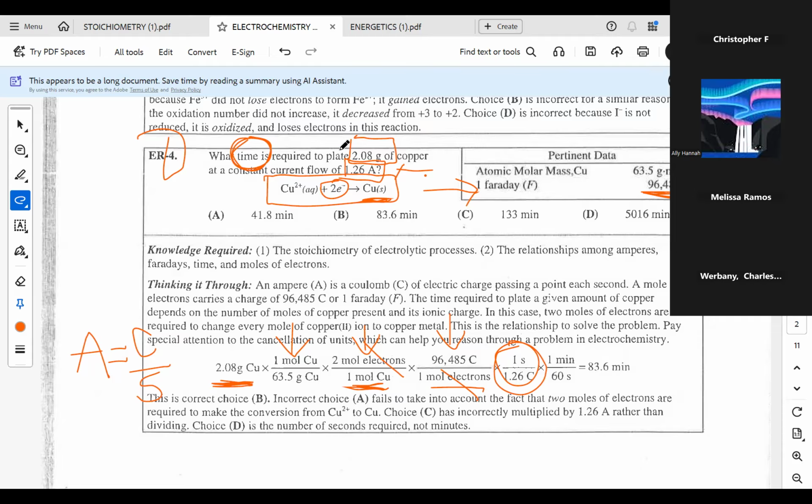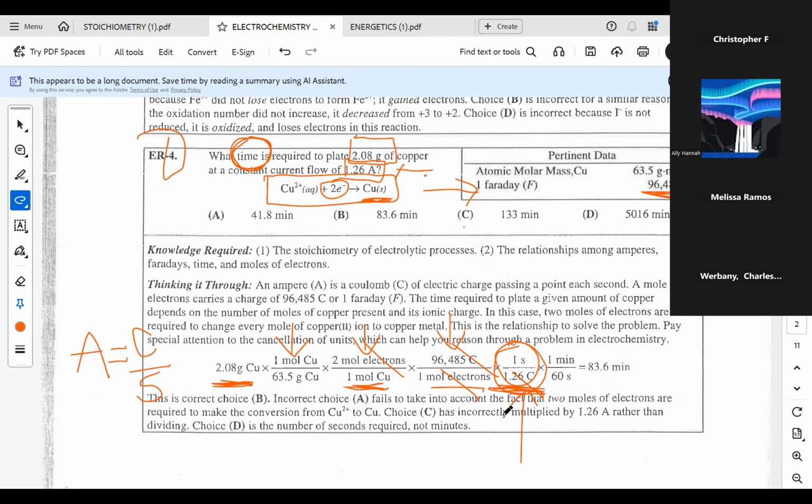That's where our current, our amperes, come in. We use that here, and we're going to keep the coulomb unit with whatever our coefficient is. So for every second that passes, 1.26 coulombs are occurring. That's where this next conversion factor comes from.